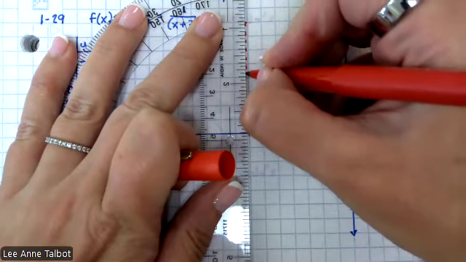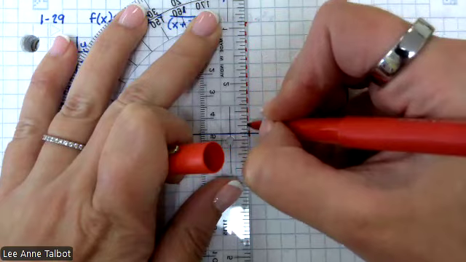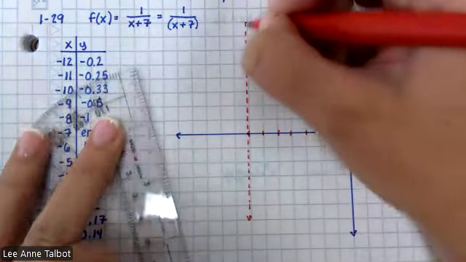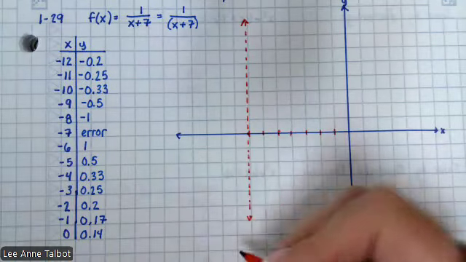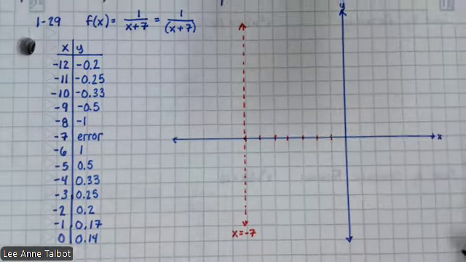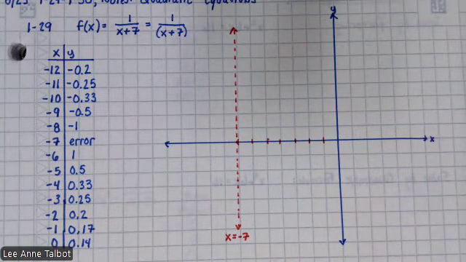And I'm going to make a dashed line to show that asymptote. And then I label the asymptote with its equation, which is x equals -7.